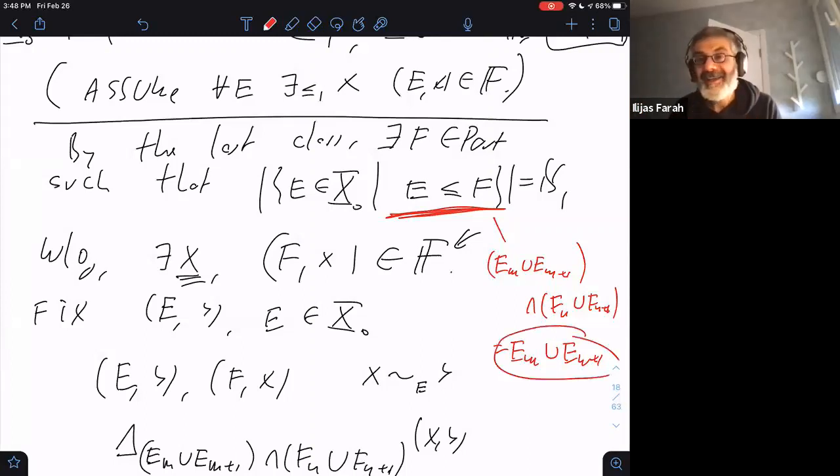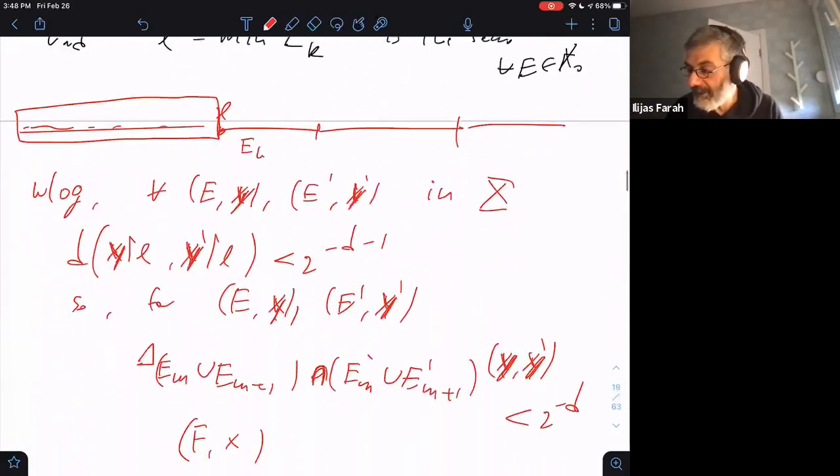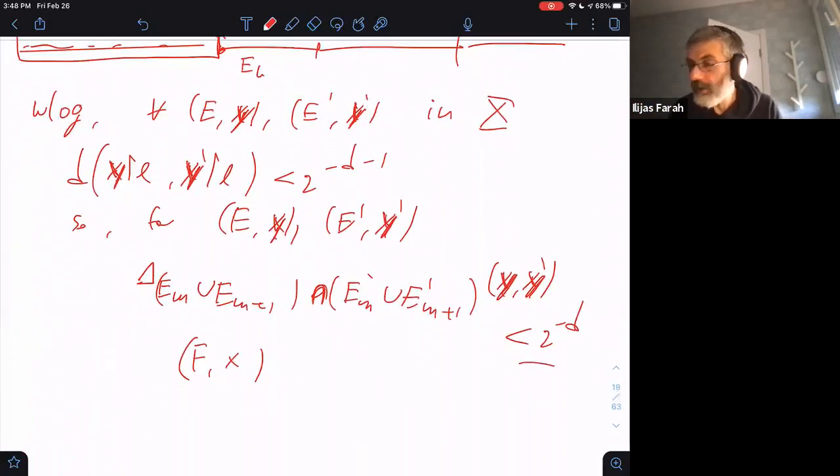So really, you have complete control of what happens at these intervals. And because of that, you have the triangle inequality, so you arrive at a contradiction. Right. Okay, any questions?